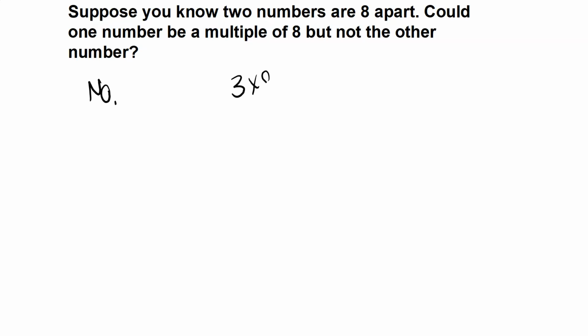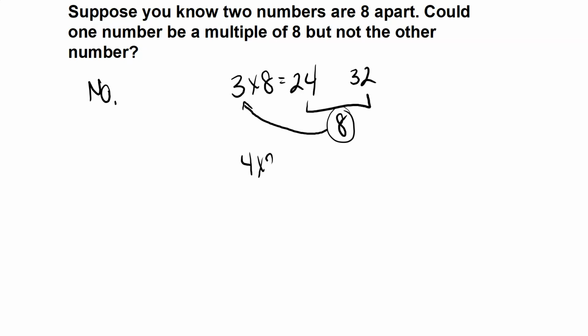3 times 8 is equal to 24. Now, if we said that the second number is 8 apart from it, that would mean the second number would be 32. But if we've added 8 to it, what we've really said is that instead of having 3 8s, we've got 4 8s. And of course, 4 times 8 is 32. Look at that again.